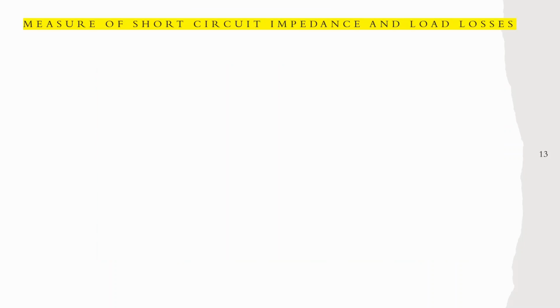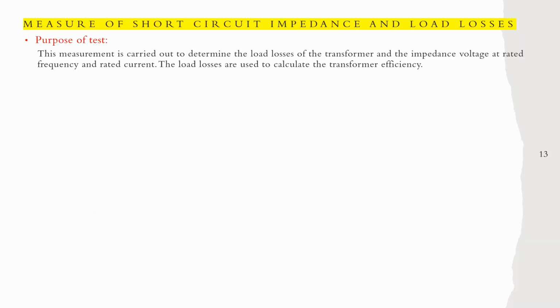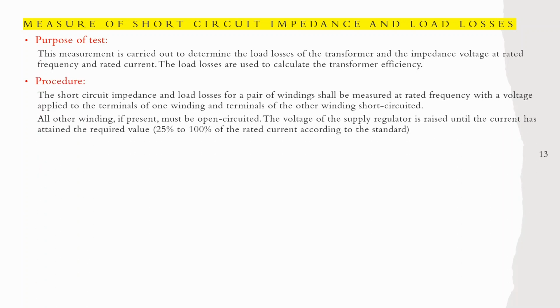So, measurement of short circuit impedance. This is the purpose of measuring impedance, and this is also our procedure: 25% to 100% of the rated current according to the standard. So you are always basing on the standard.